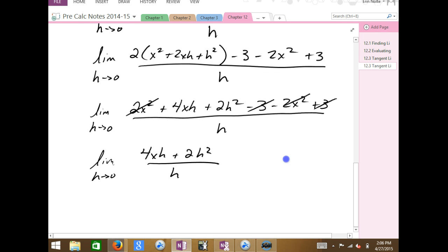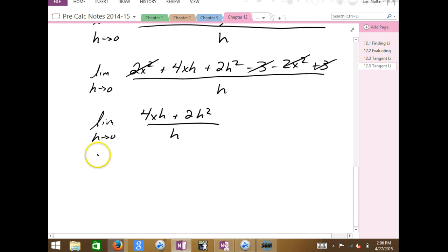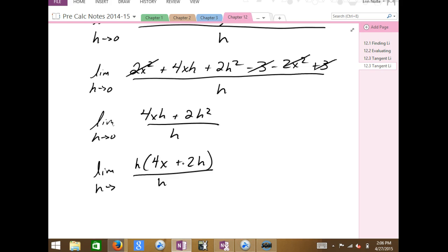Okay, so I can pull an h out at this point, right? On the top. You have to pull an h out, the greatest common factor. So at this point, what happens? Here is something kind of fancy about the difference quotients.